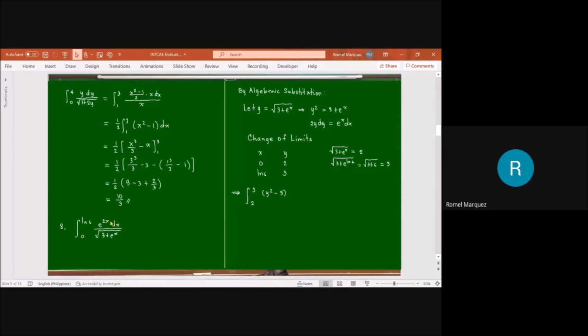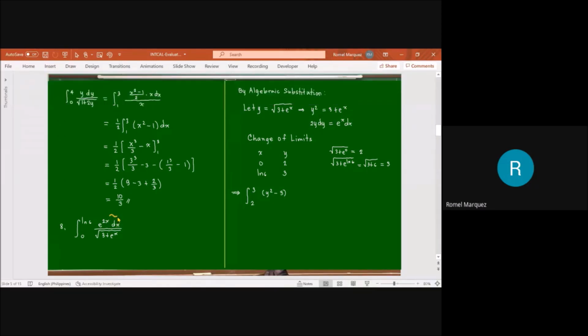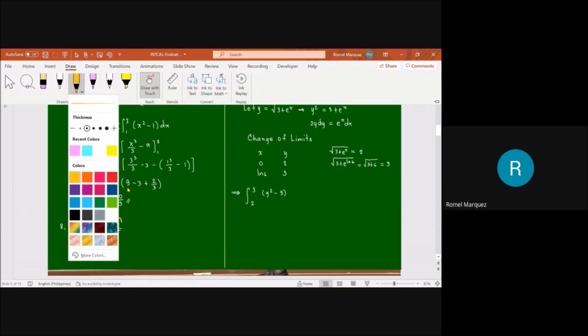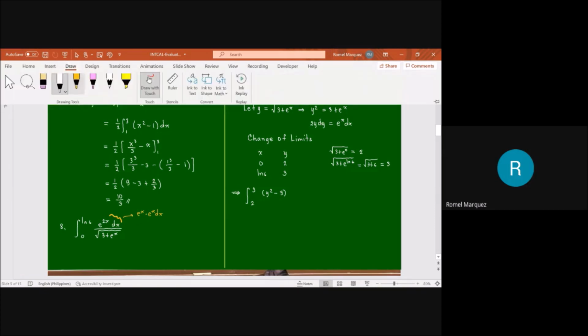So I'm going to split this into e to the x times e to the x dx. So e to the x is y squared minus 3, and e to the x dx is 2y dy.